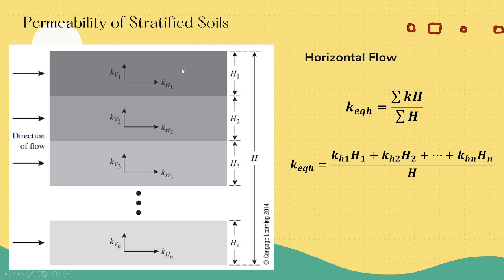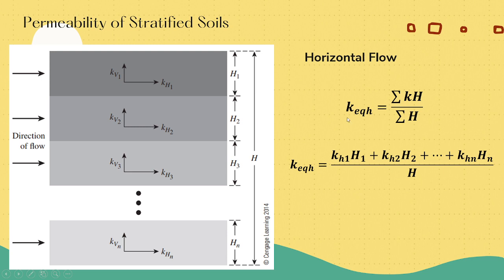For each layer, we have the horizontal hydraulic conductivity, and then we have their respective thickness, H1, H2, H3, and so on, and the total height of the sample, which is the summation of each.